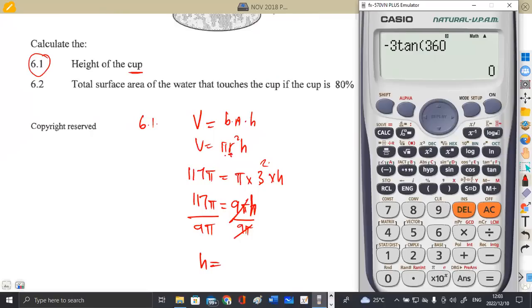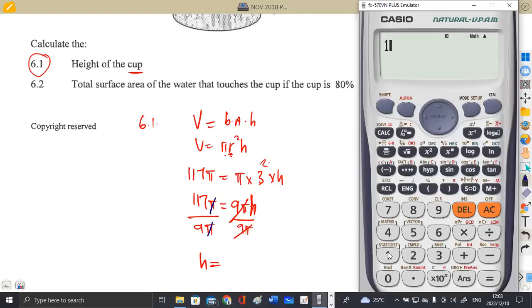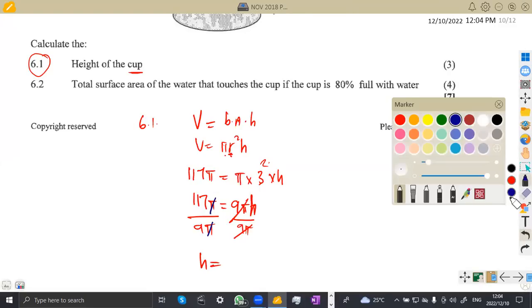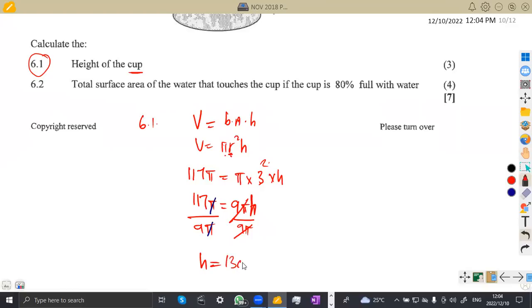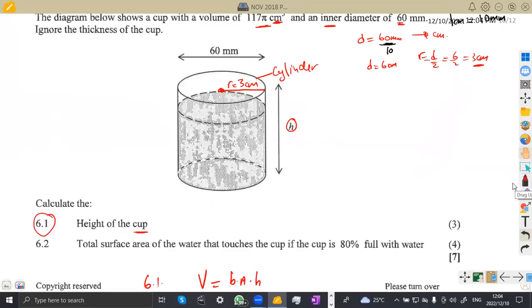So this is 117. As you can see, guys, pi and pi are canceling here. So you can just divide 117 by 9, which is 13. So we are obtaining 13 centimeters as the height of the given cylinder.